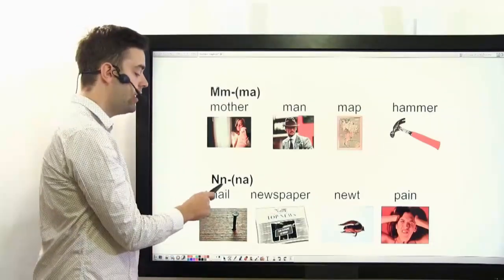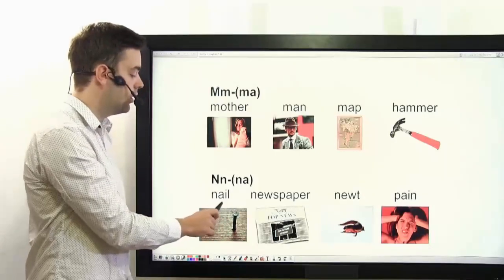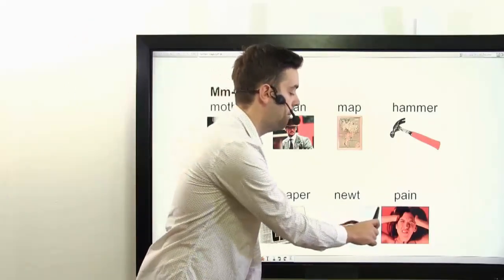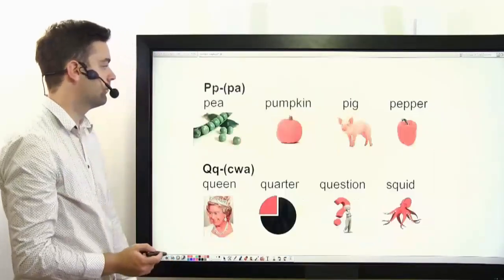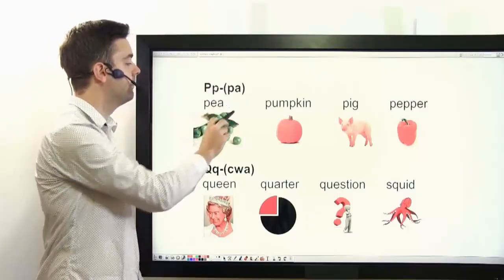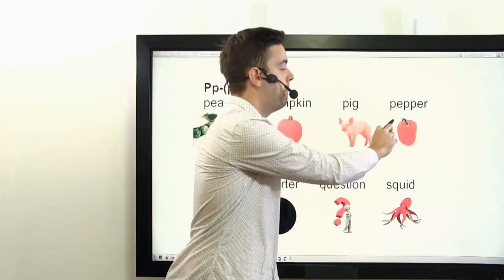N, nail, newspaper, newt, pain. P, pumpkin, pig, pepper.